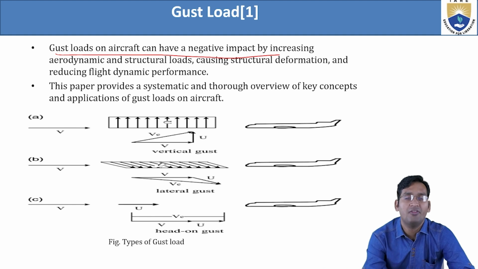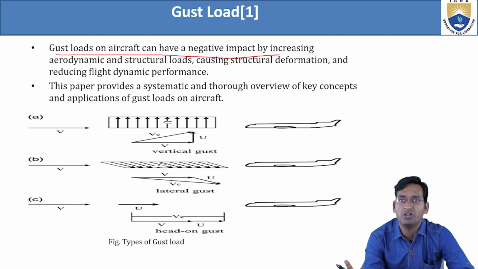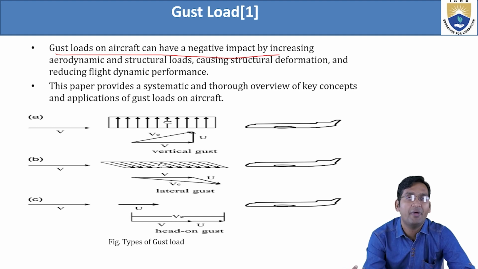When the aircraft is flying, because of the disturbance of air or maneuvering, whatever load is acting, we cannot control that, but we can control our system. We can make aircraft which experience less gust load.